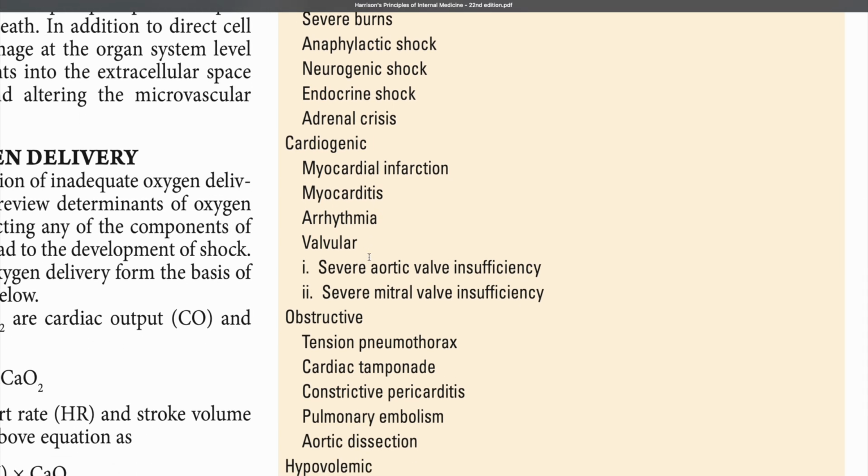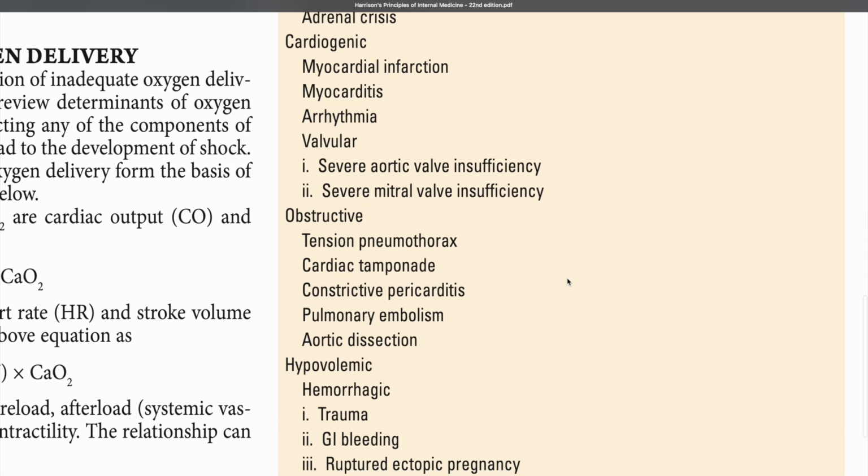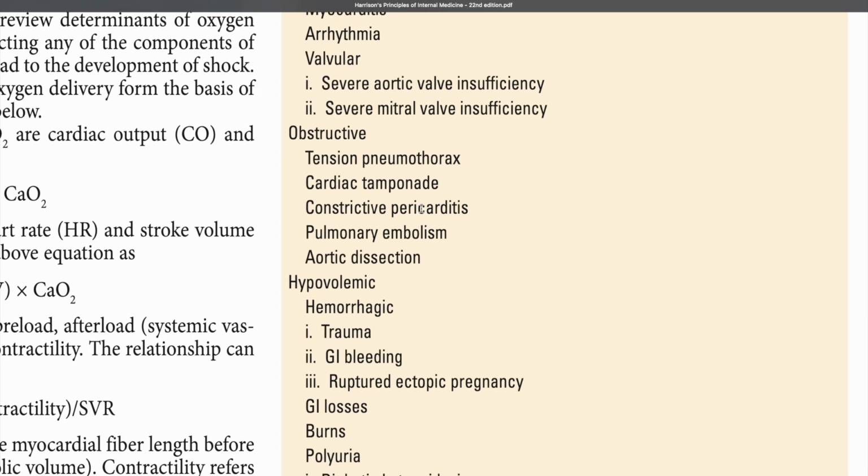In cardiogenic shock you can see myocardial infarction, myocarditis, arrhythmia, valvular causes like severe aortic valve insufficiency and severe mitral valve insufficiency. In obstructive shock, you can see tension pneumothorax, cardiac tamponade, pulmonary embolism, constrictive pericarditis, aortic dissection.